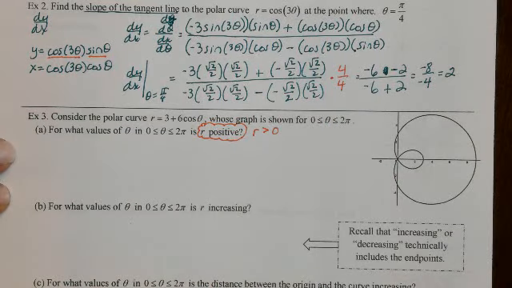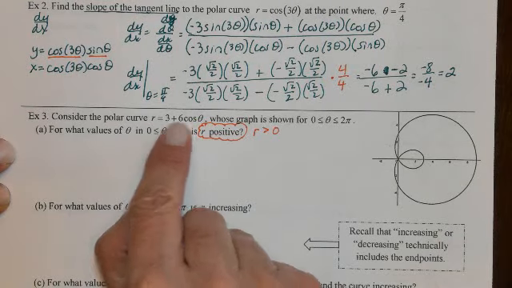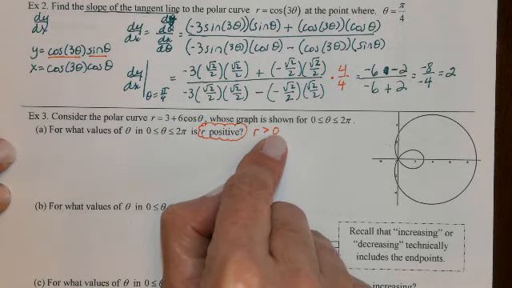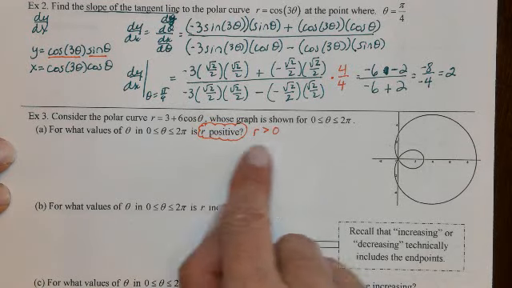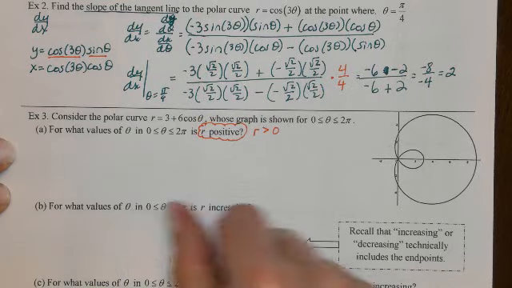So r is greater than 0, right? Well, that's not hard. We know what r is. Set it equal to 0 and do a sign chart, right? Whenever you're trying to see where something is positive or negative, sign chart.